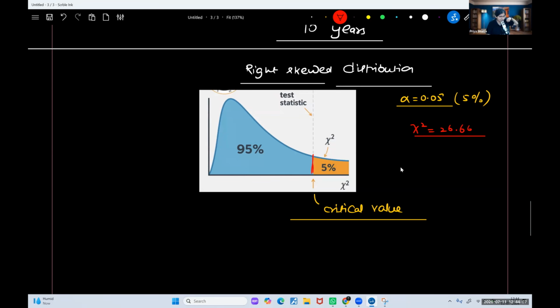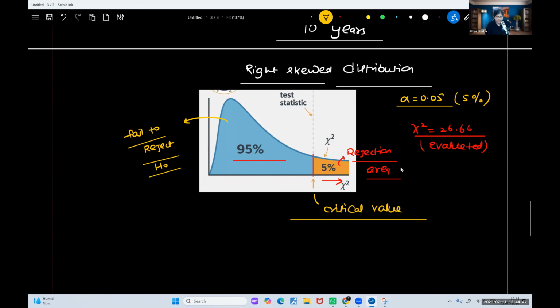If you are able to evaluate this marker, which we call critical value, and if my chi-square evaluated value is beyond critical value, means under this specific range, this is my rejection area, right? So I will reject the null hypothesis. And if it lies under this 95% zone, this is where I will fail to reject my null hypothesis.